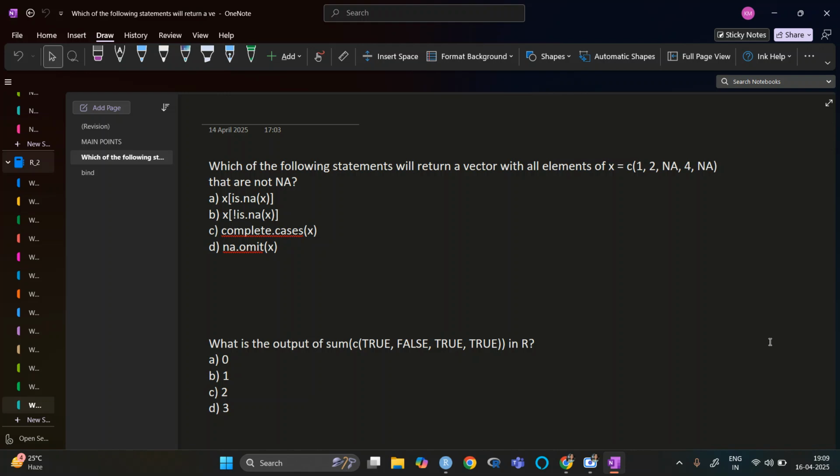The first question is: which of the following statements will return a vector with all the elements of x that are not NA? Yes, that are not NA.